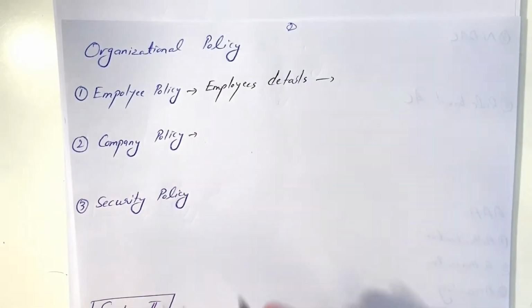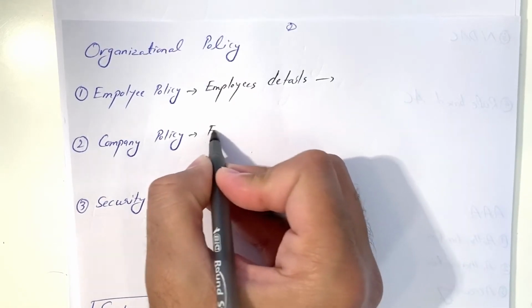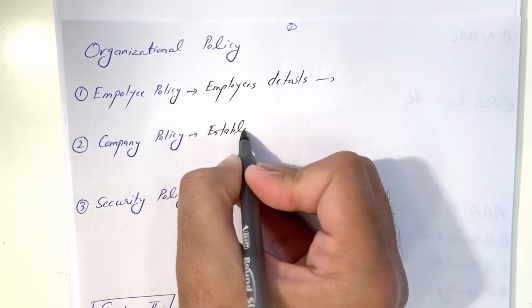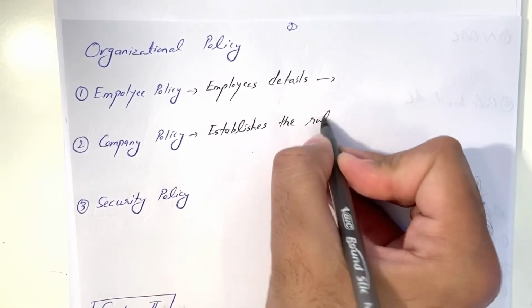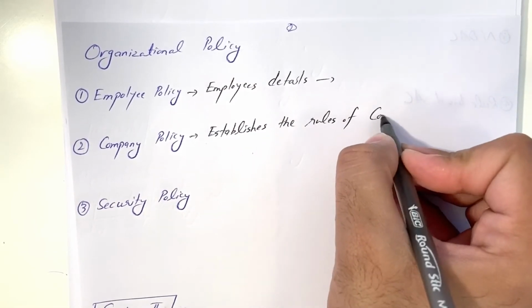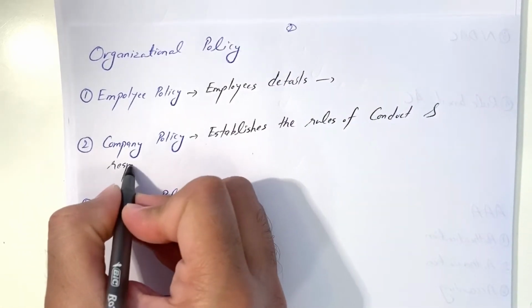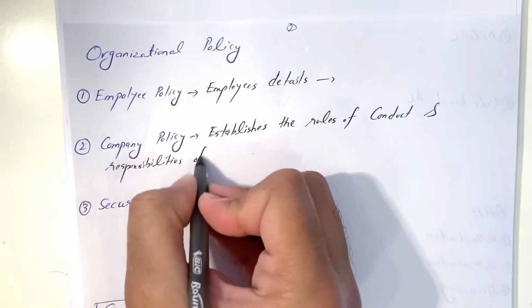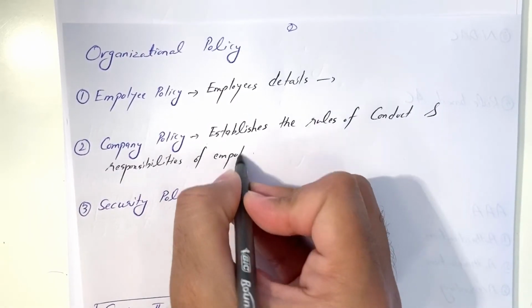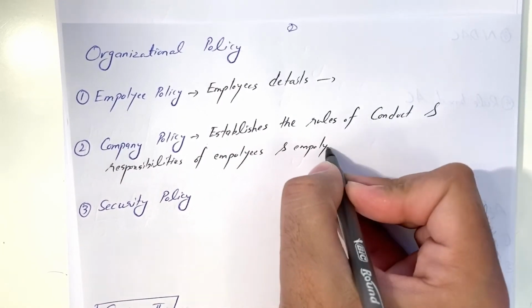So company policy is a comprehensive document that establishes the rules of conduct and responsibilities of employees and employers.